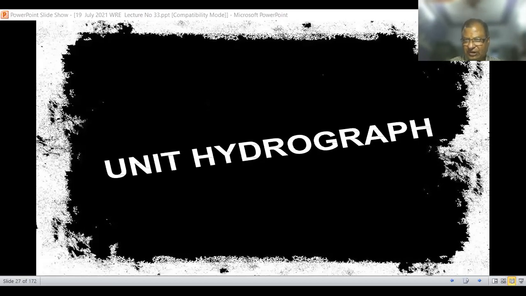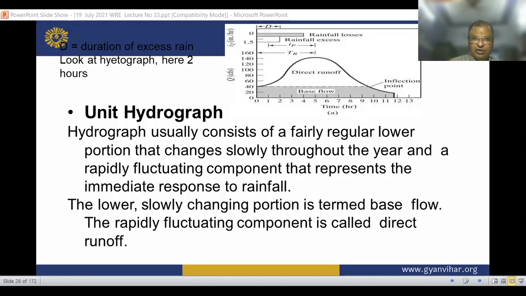Now the unit hydrograph. So now we will discuss what the unit hydrograph is. A hydrograph usually consists of a fairly regular lower portion that changes slowly throughout the year and a rapidly fluctuating component that represents the immediate response to the rainfall.